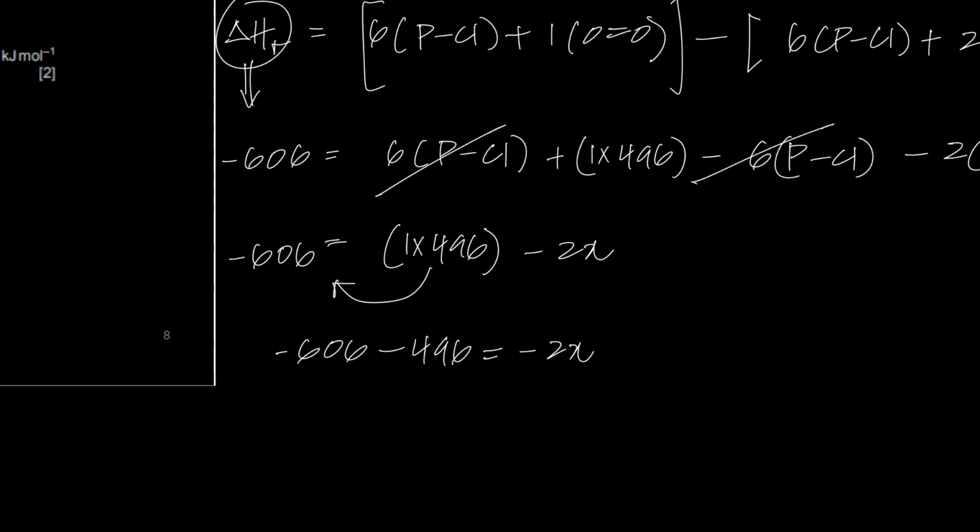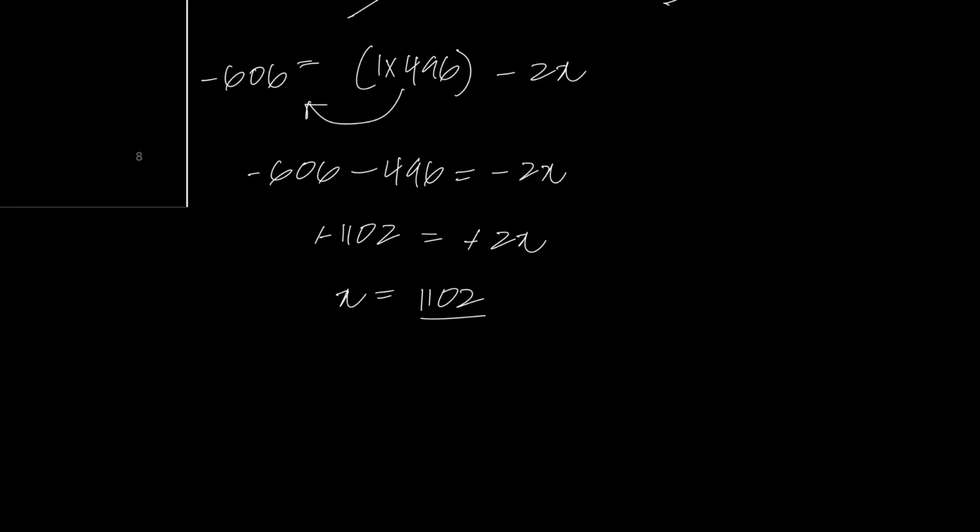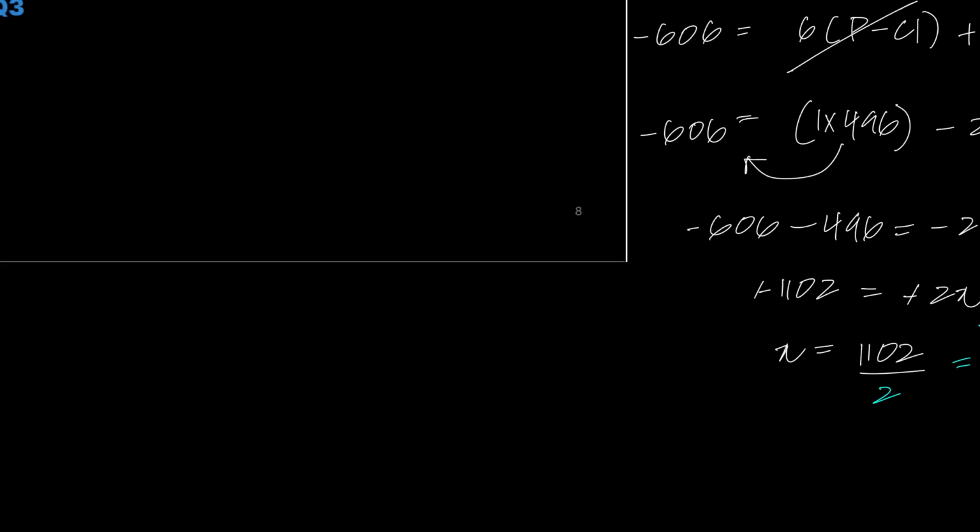Minus 606 minus 496, that's minus 1102 equals minus 2x. Minus minus cancels out. What is x equal to? And x is actually the bond enthalpy of PO bond. This divided by 2, what do you get? 551 kilojoule per mole of the PO bond. This is the actual answer, 551.